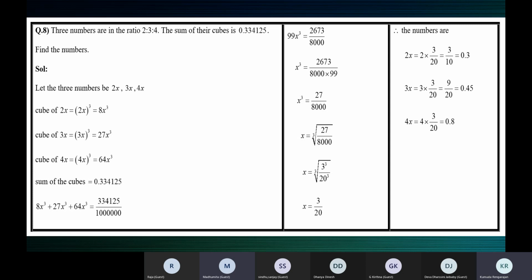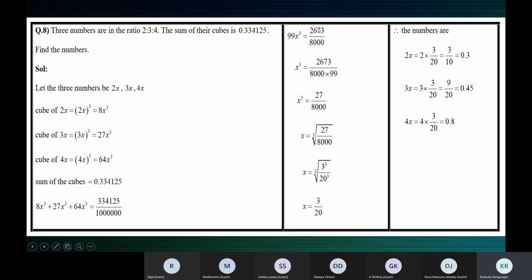Continuous simplification. Divide the numerator and denominator by 5. Again by 5. Again by 5. Now, it's not that you should stop at this point. You cannot further simplify this. It's not that, okay, why don't we simplify after this? Why do we stop here?